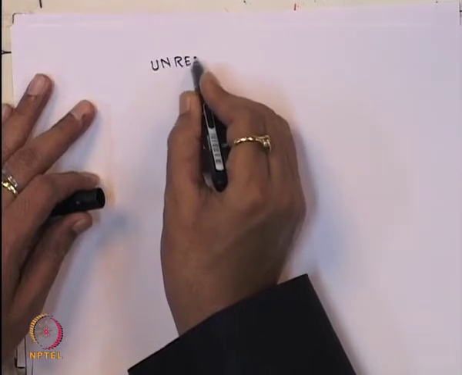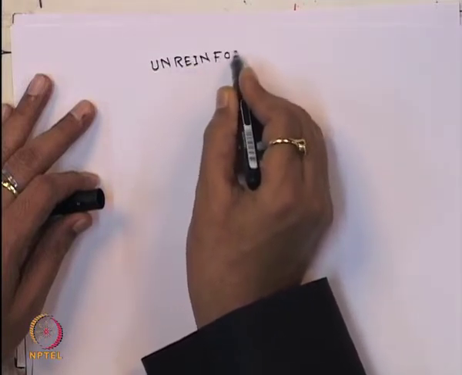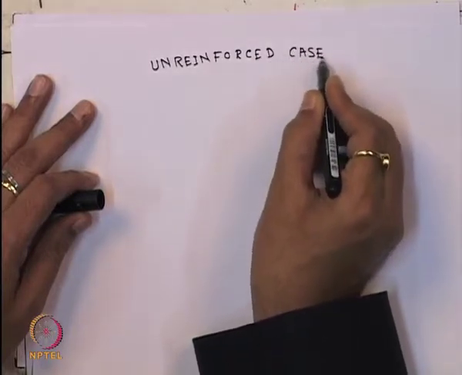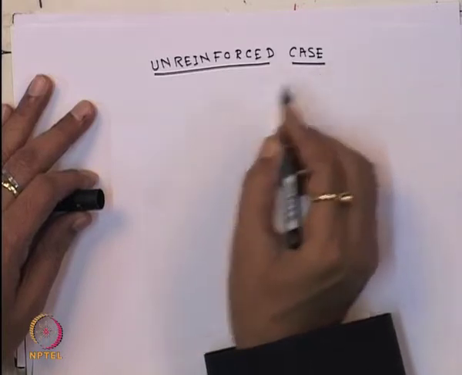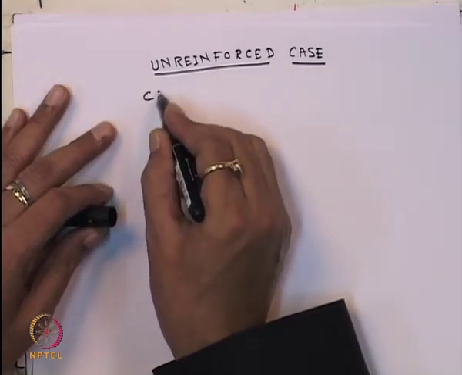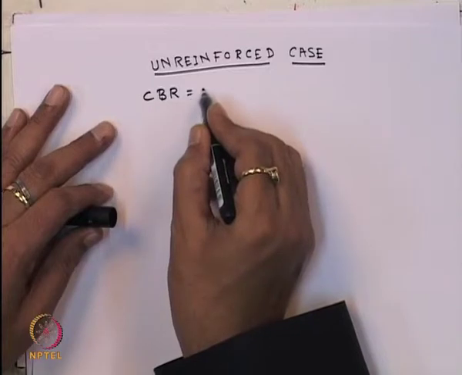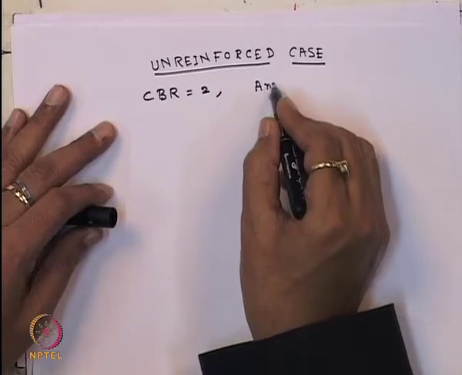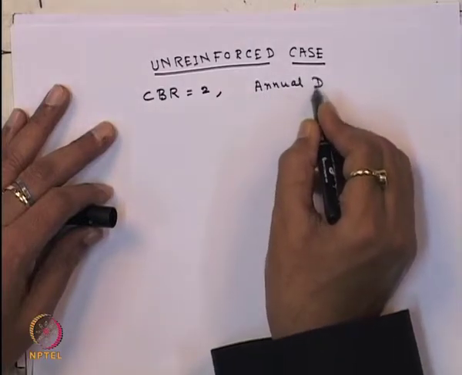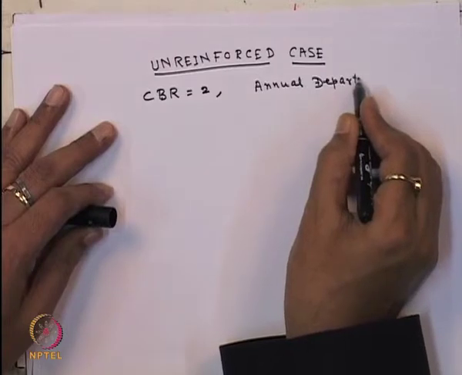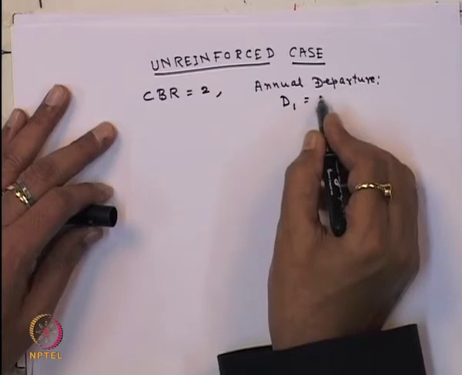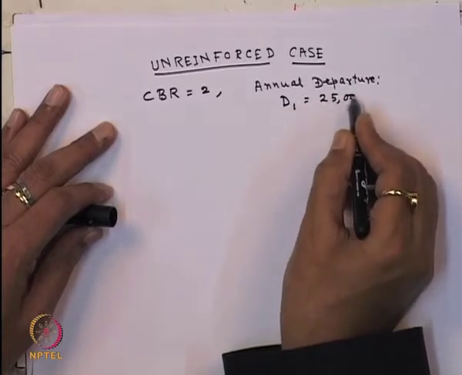Let us say this is the unreinforced case, and the given CBR value is equal to 2, and let us say annual departure D1 is equal to 25,000.